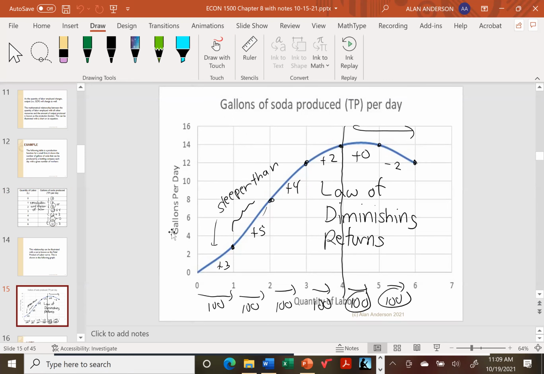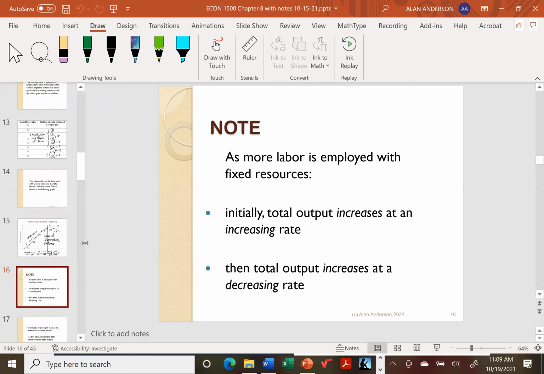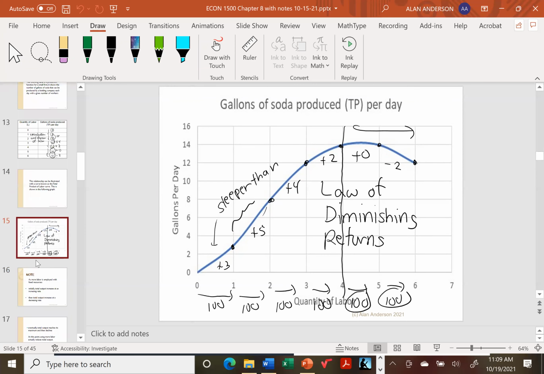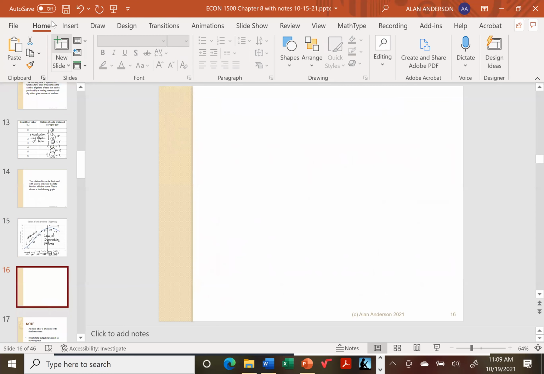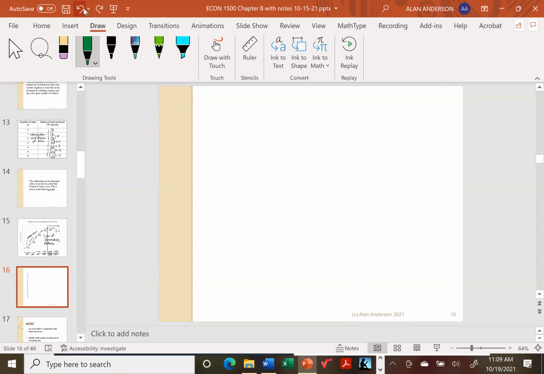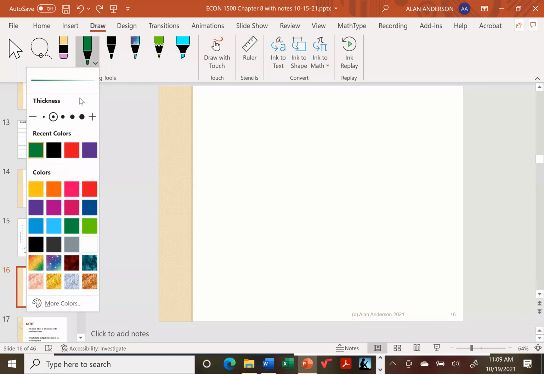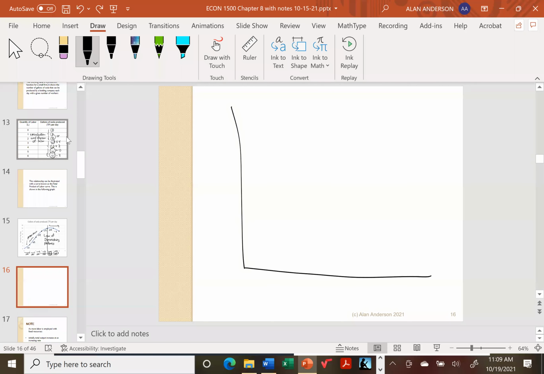Okay, what would that look like? Let's see. Let me do this on a separate page. Let me introduce a new slide here, because yes, you're exactly right. With more land or more equipment or more whatever, you would see that instead of, oh, okay. This is still the total product of labor. This is the actual quantity of labor.